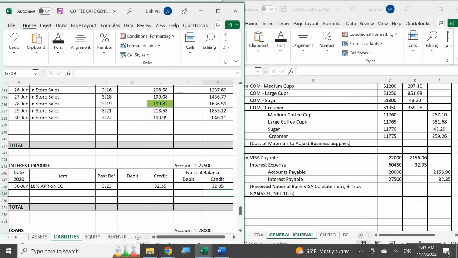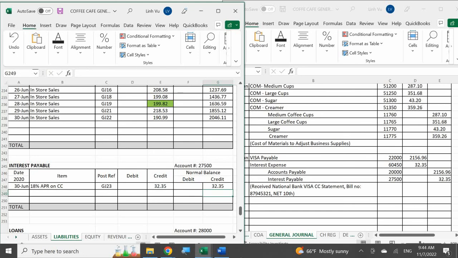Why? You still received the bill, but because you are unsure about how much you're going to pay, you don't need to record an accounts payable. You're just going to leave everything as is.